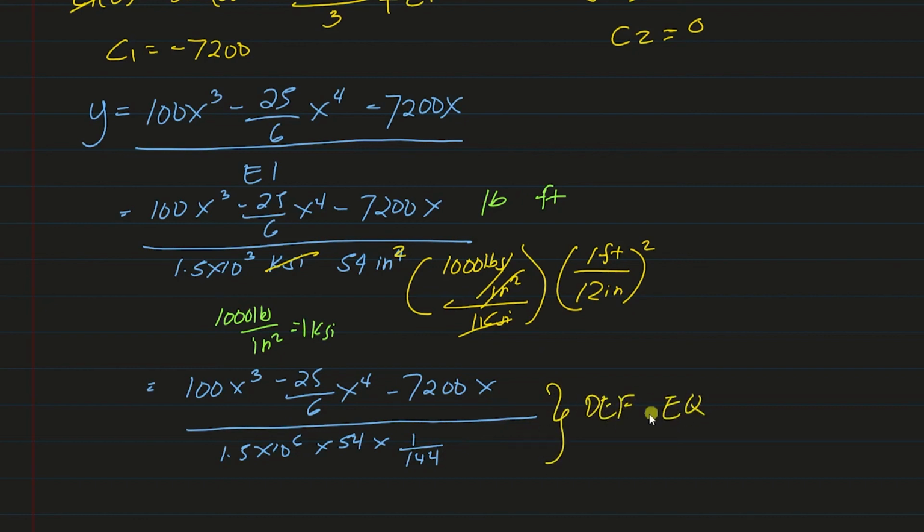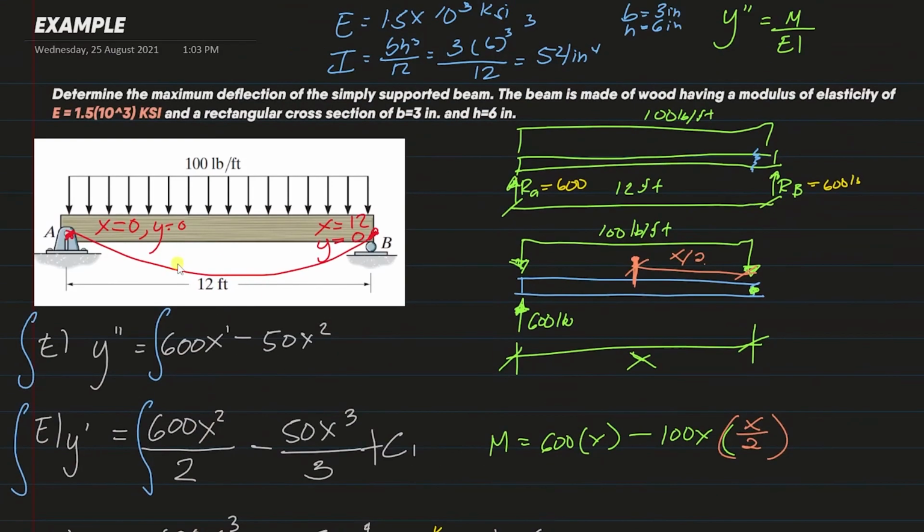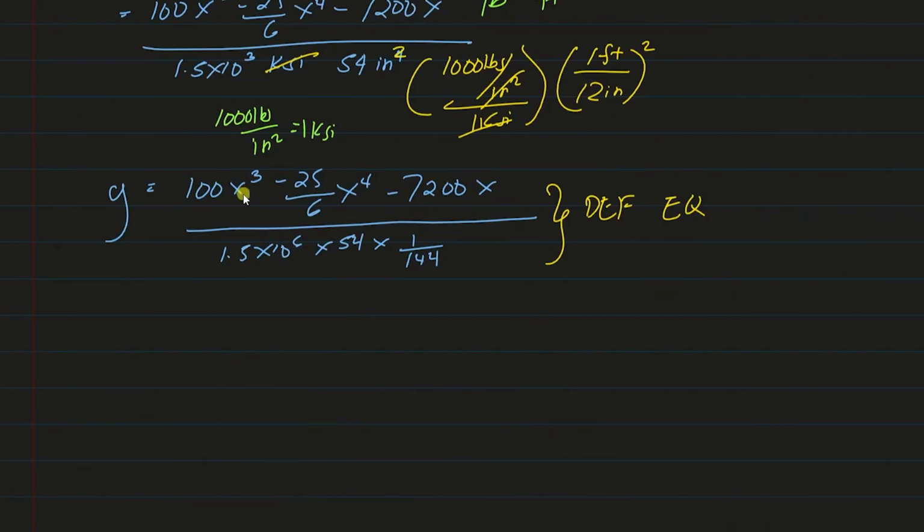Ibig sabihin, if you want to solve for deflection, let's say, what is the deflection at this distance or at x is equal to 12. So, ilagay lang natin yung 12 dito. We can solve for the y. So, we can solve the deflection at any location using this equation only. Okay? Palit-palit lang tayo ng value ng x.